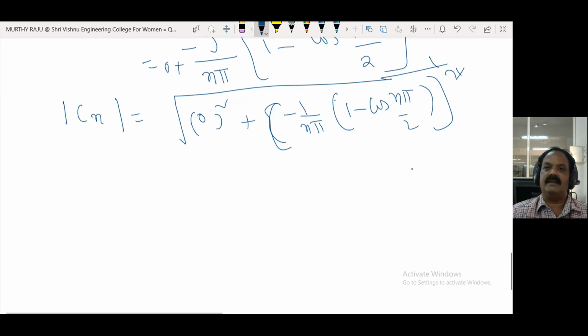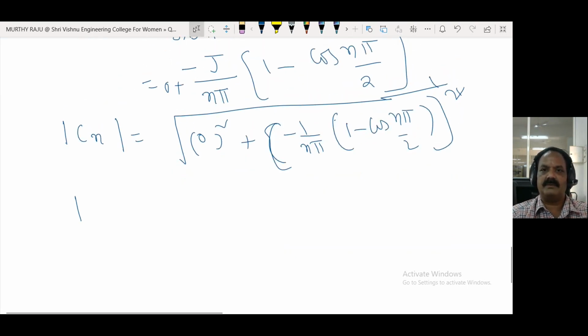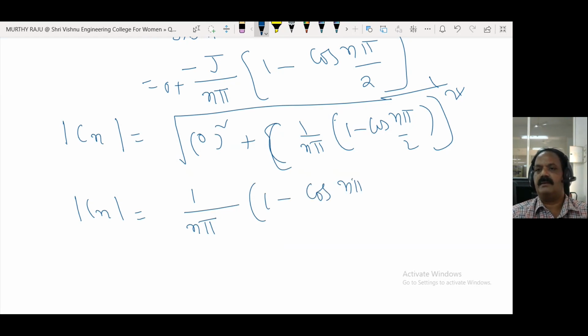This one is cancelled. Therefore, mod Cn is equal to, due to that squaring, the minus sign is changed to plus sign, that is equal to 1 by n pi, 1 minus cos n pi by 2.